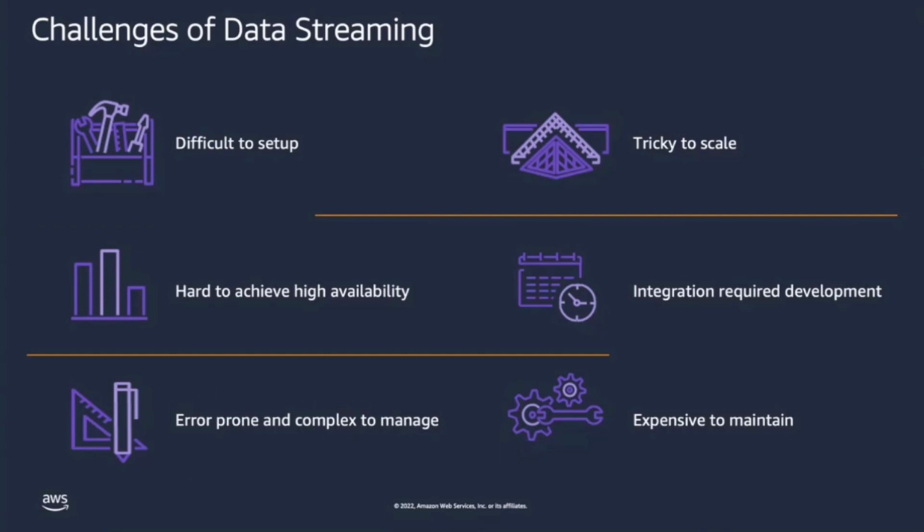Replace servers when they fail, perform server patching and upgrades, make sure the servers are architected for high availability, make sure the data is durable, stored, and encrypted, and provide security authentication and authorization to the clusters. You also need to set up monitoring and alarms and carefully plan scaling events to support the load, which is itself a tricky process. All of this requires a lot of expertise, time, and money to operate and maintain.